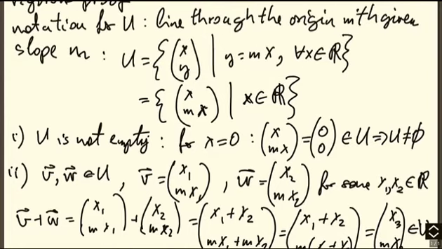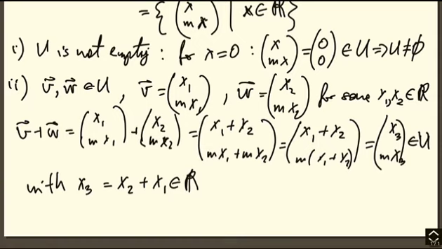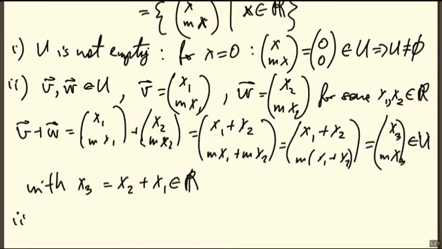So after we described U, we have the very important form of U, that it's these (x, mx) points or vectors. And now using this form of the points, we can check all the three properties that are needed for U to be a subspace. So the third one is the scalar multiplication for a real number, since we considered real numbers as scalars.